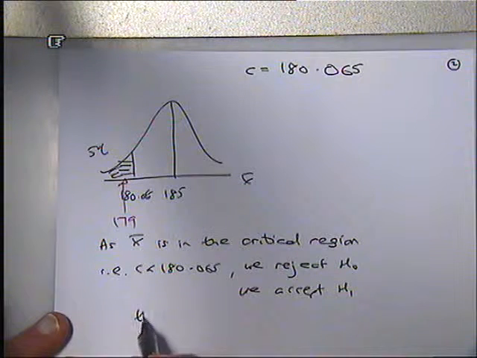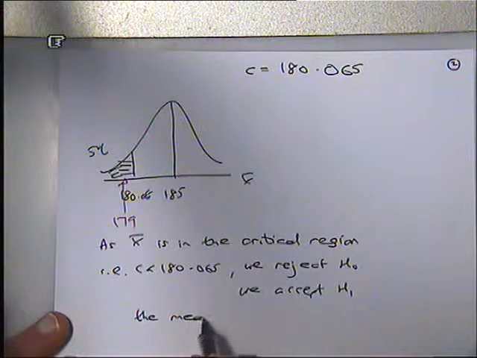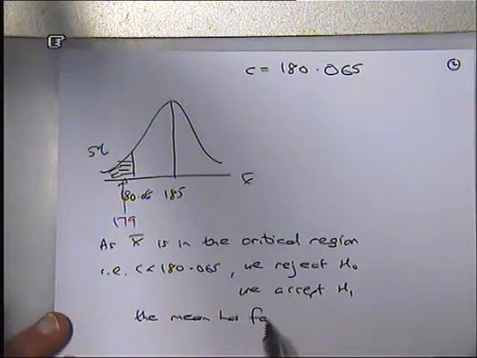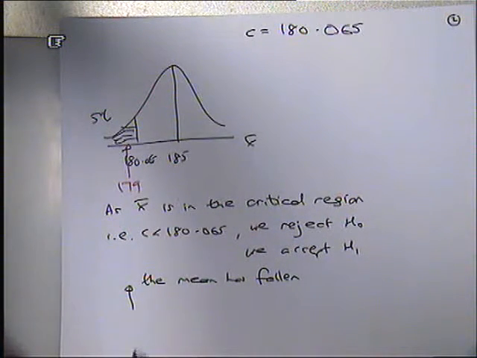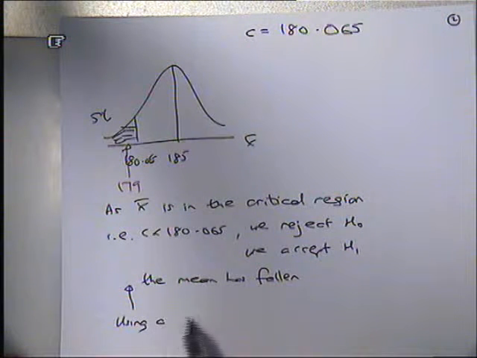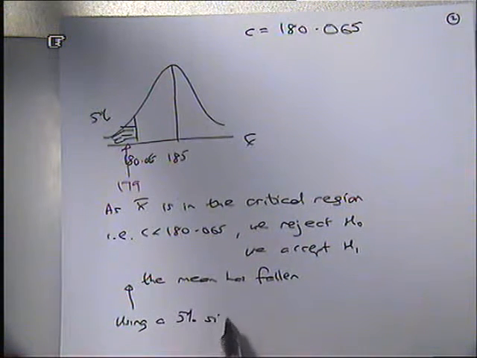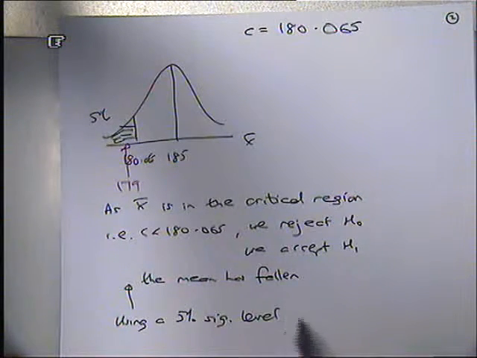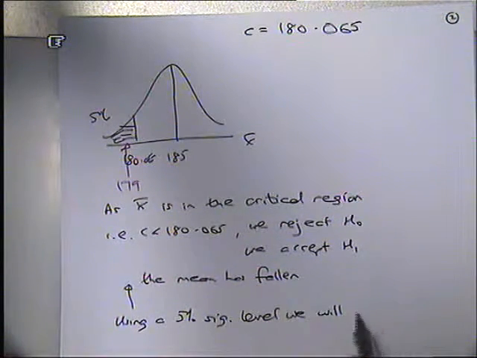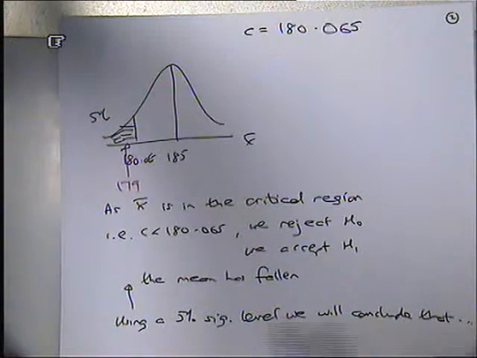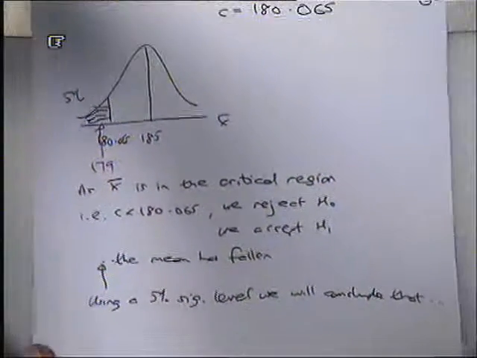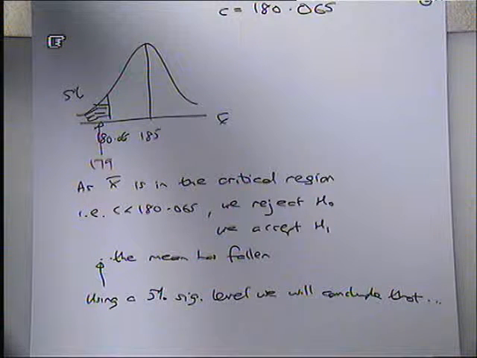The mean has fallen. If you wanted to give a really proper answer, in front of the mean has fallen, we would say, using a 5% significance level, we will conclude that the mean has fallen, if you want to be really, really precise in your wording.